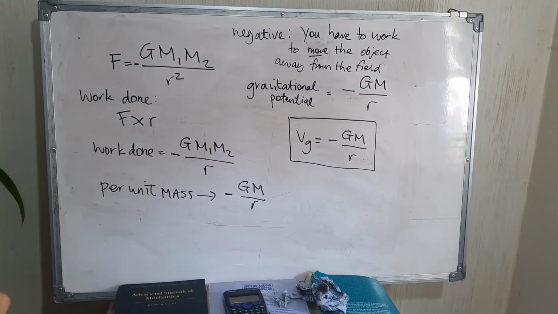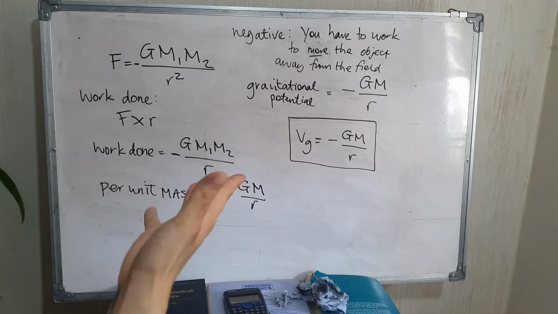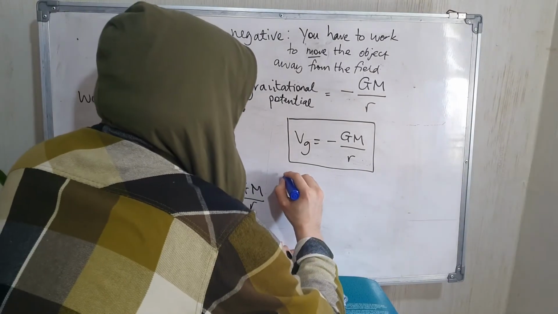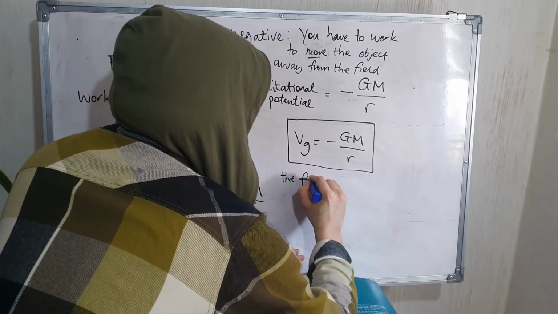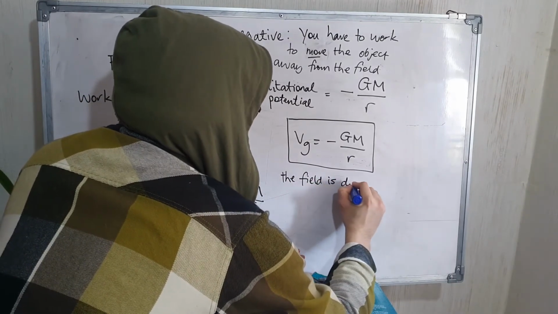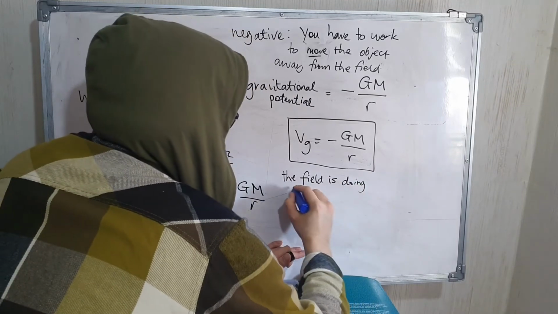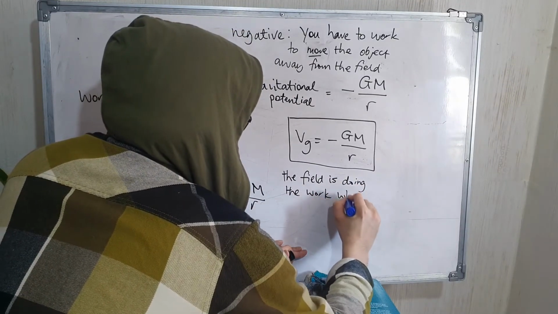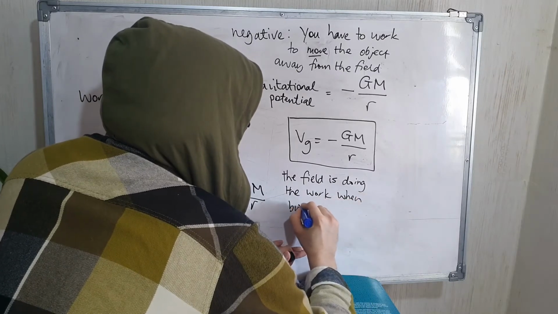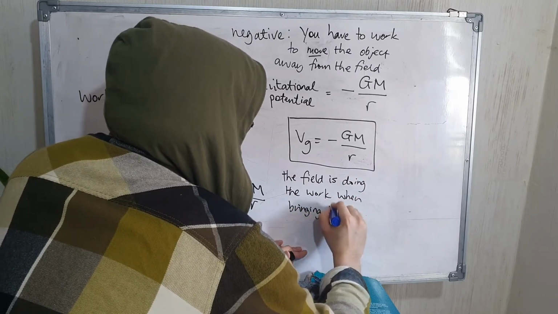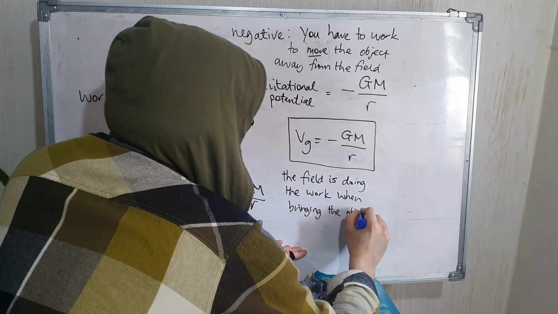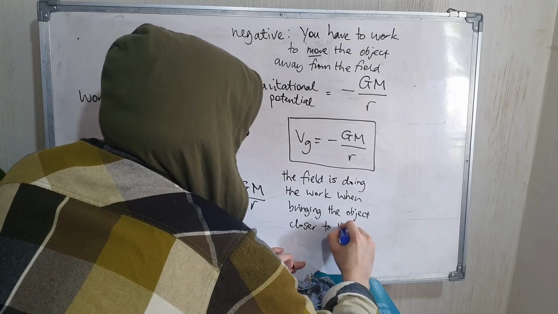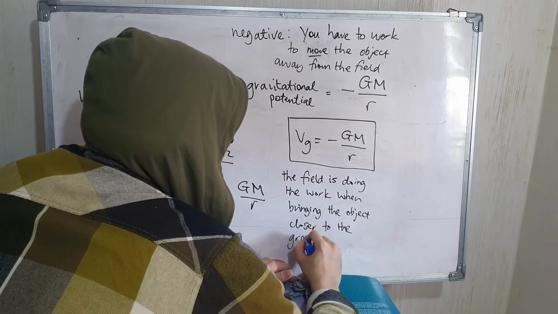It's negative because you are not doing the work in bringing it closer to the massive object. The field is doing the work when bringing the object closer to the gravitational field.